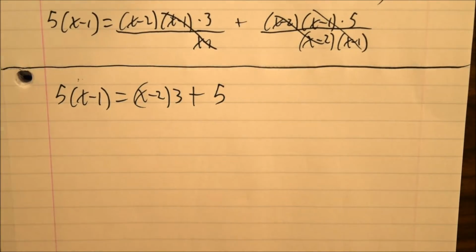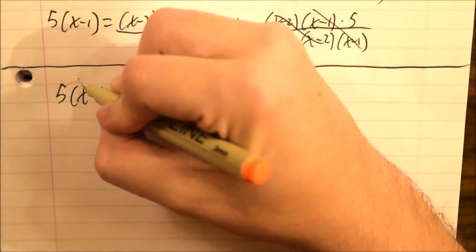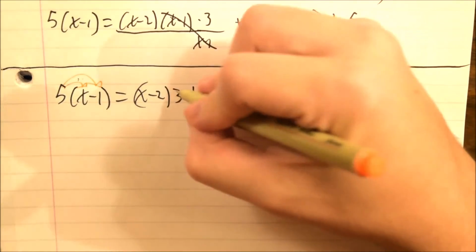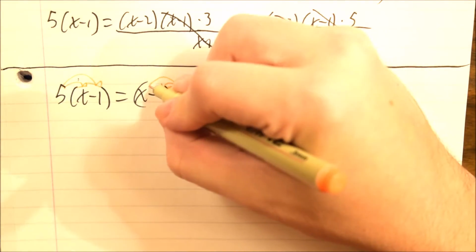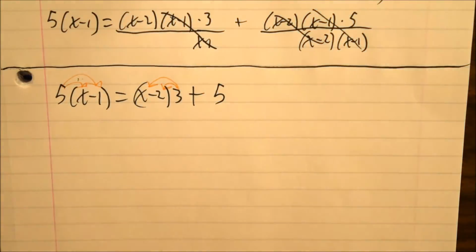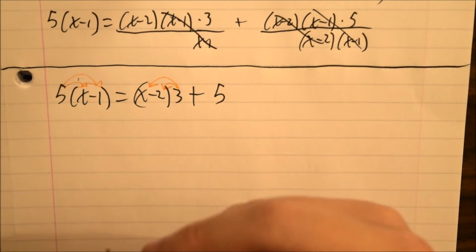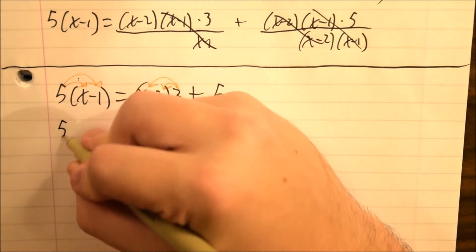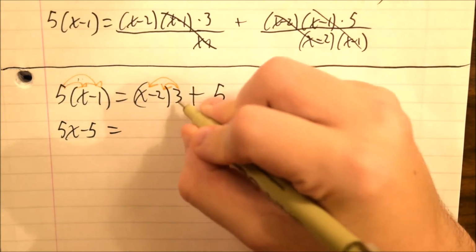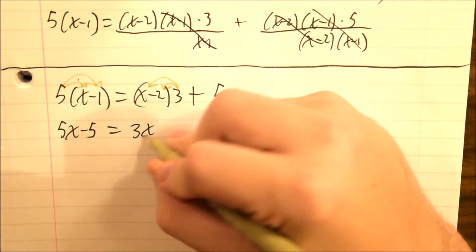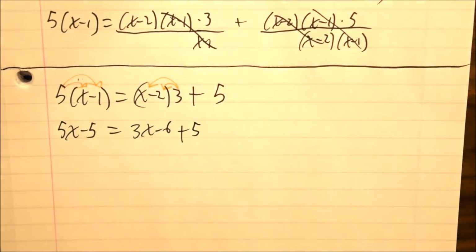Now I have to distribute this 5 into here and this 3 into here and just solve for x, just like it was a regular linear equation. So when I distribute, I get a 5x minus 5 equals 3x minus 6 plus 5.